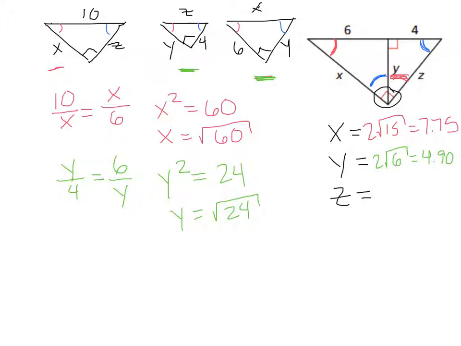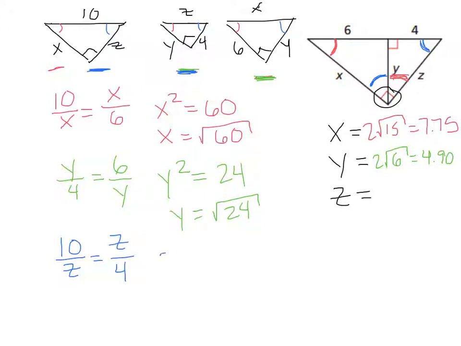Alright, last but not least, we have z. Z shows up in the first one and the small middle one. And again, I'm going to choose ratios that have numbers in them. So I'm going to start out with 10 over z. And its equivalent ratio in the other similar triangle is going to be z over 4.